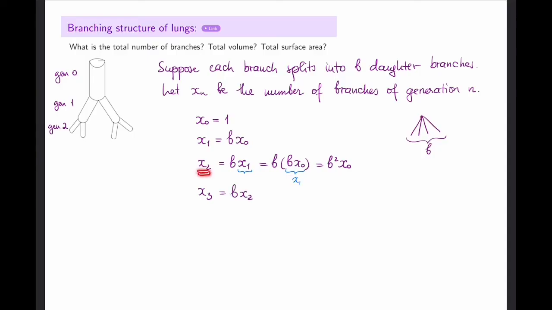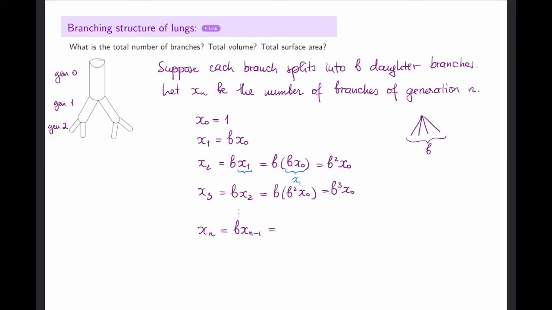And the previous generation has already been expanded to be written in terms of x naught, so I'm going to simply replace x2 here by the expression b squared x naught that I've just derived from earlier. So I'm going to have b cubed x naught. And this, of course, will continue on for as long as we wish to compute this for, and I can derive the general formula for xn, the number of branches in generation n, as b times the number of branches in generation n minus 1.